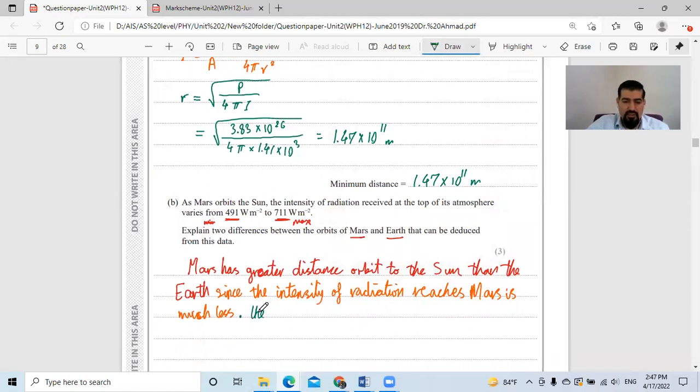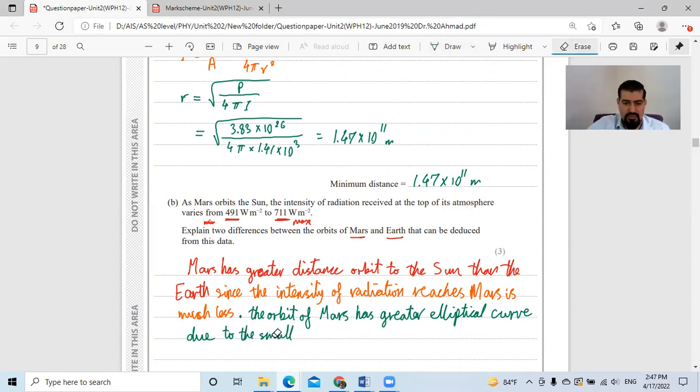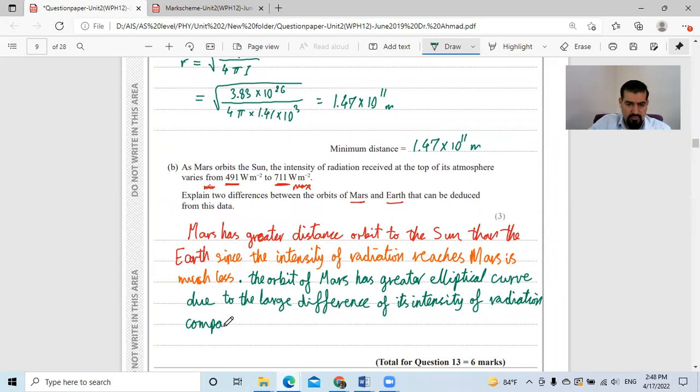This is the first point. Second point, the orbit of Mars has a greater elliptical curve due to the large difference of its intensity of radiation compared to each other.